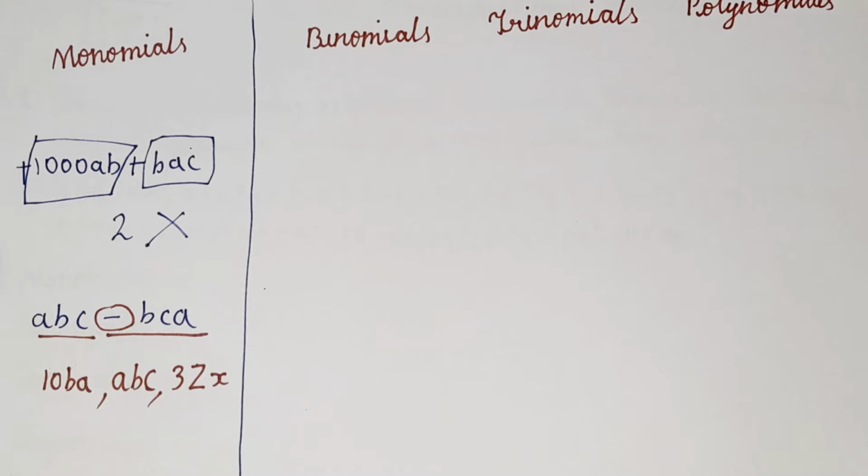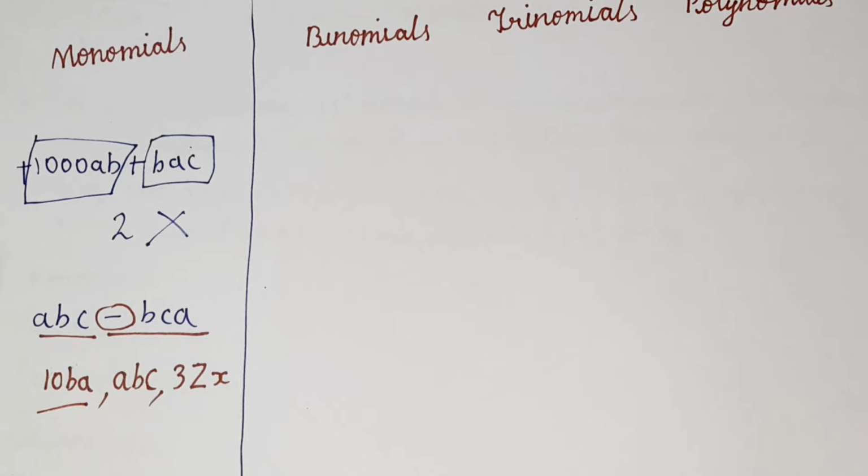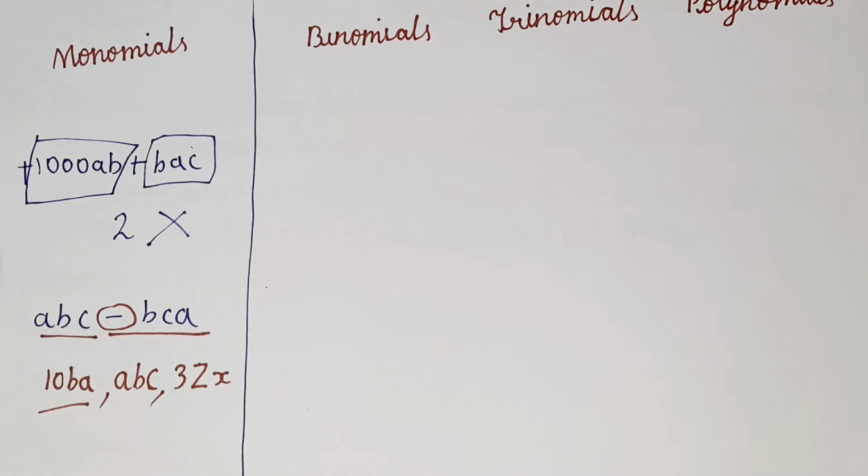If it has a mathematical operation and it is split, there will be two terms. Am I right? That is called a binomial. I will give you examples for that also, okay. So a single group together is called a monomial, okay. It can be only the variable, or variable and numerical number together, or only a numerical value. It can be anything, okay.